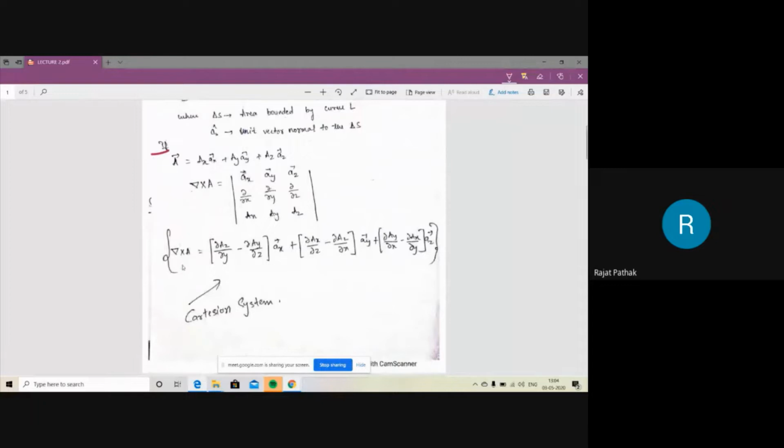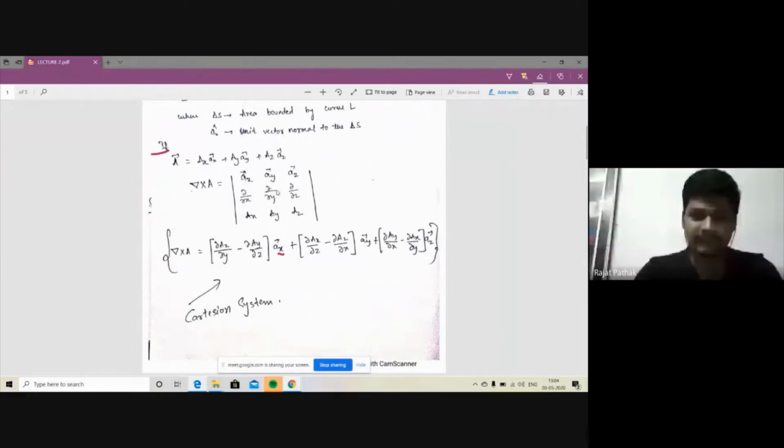After expanding this, we put ax outside, then dou by dou y of Az minus dou by dou z of Ay for the ax vector. Similarly for ay and az. Expanding this determinant gives the result, del cross A, the curl of A in the Cartesian system.